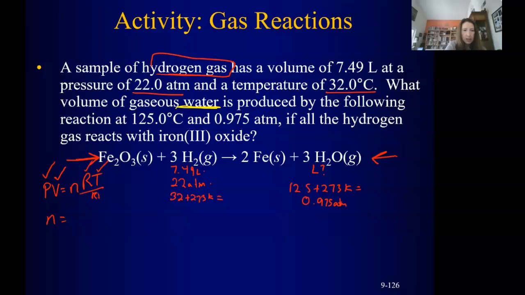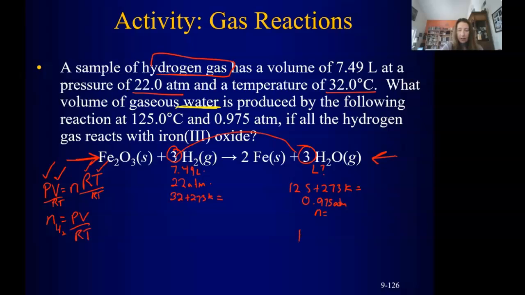Right? Divide by RT, PV over RT. I can get to moles of hydrogen here. Once I get to moles of hydrogen, I can convert from moles of hydrogen to moles of water. Okay, so that means then I'll have moles of water. I don't know what it is, but I'll have my moles of water.